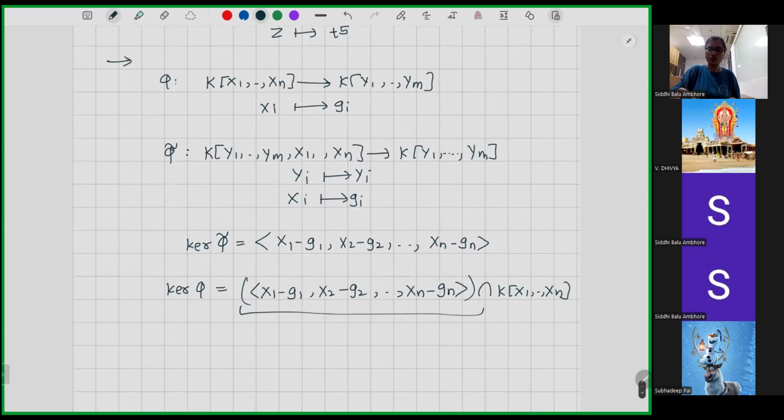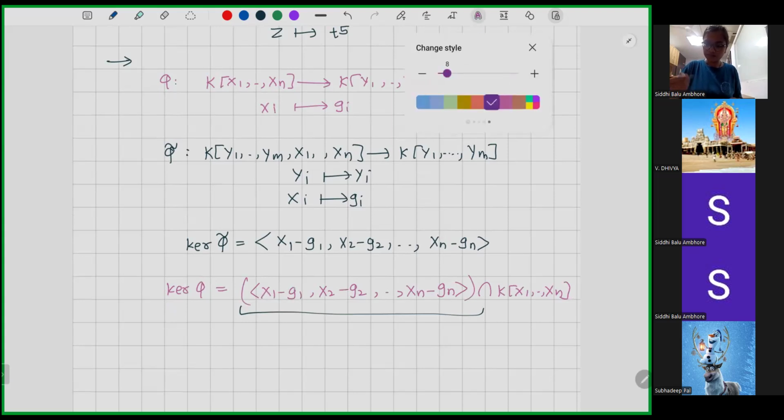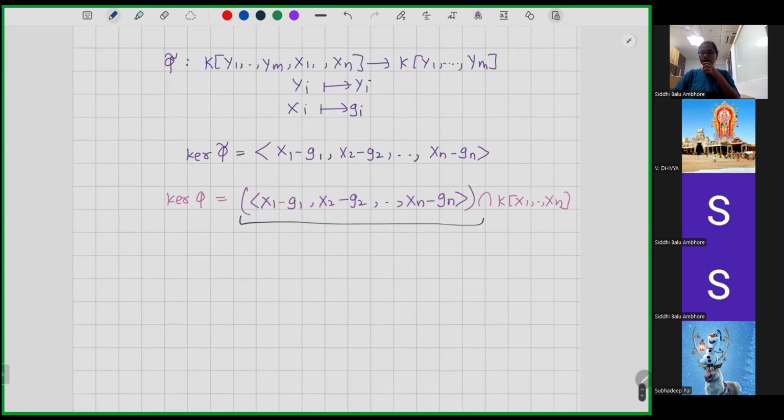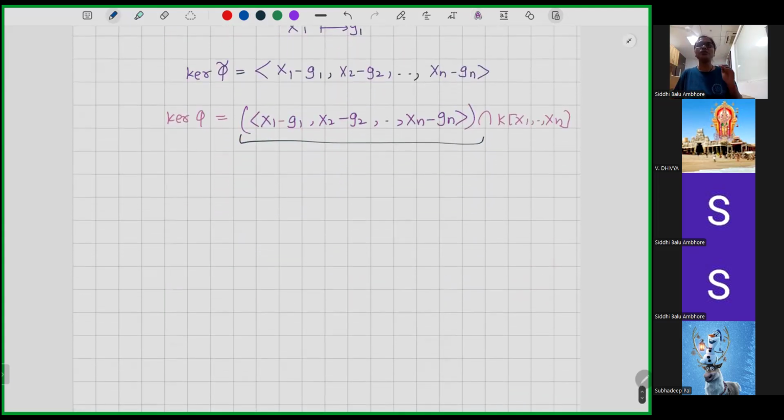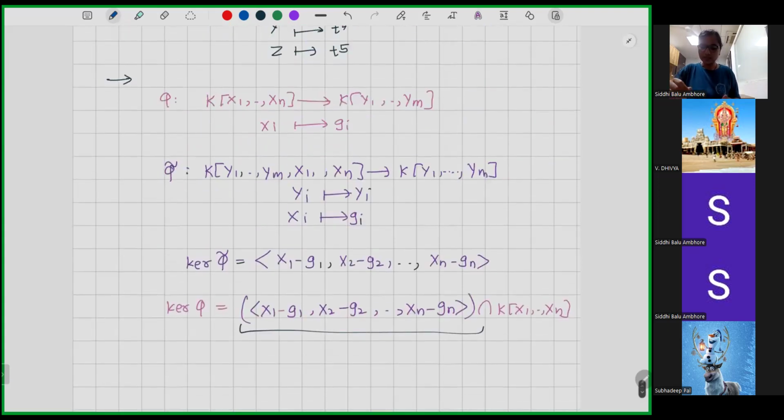Let me just color this: if this is my original map, then the kernel of this map is this, and this is actually this ideal intersected with this original ring. I hope this makes sense. So we have to do this, and we will see how this can be done in Macaulay2.